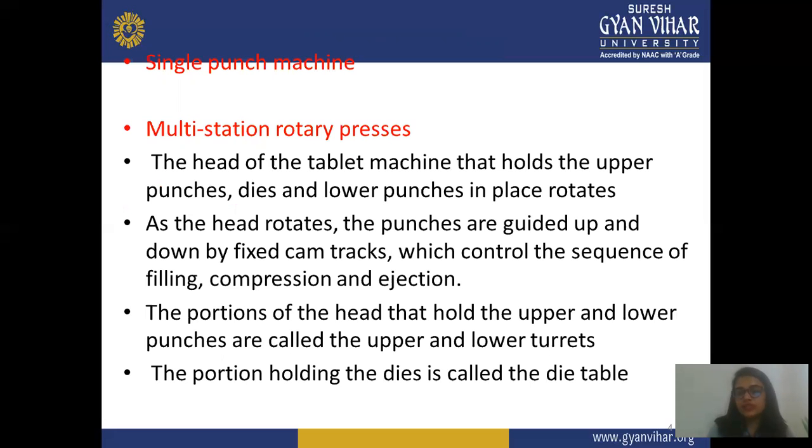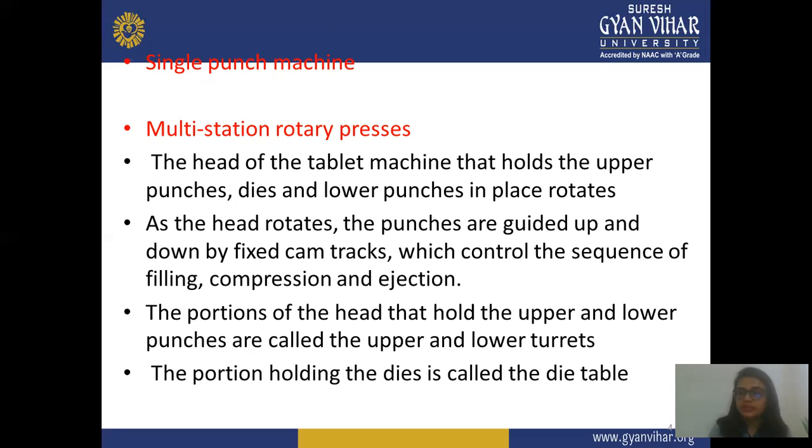And these single punch machines are very difficult to handle, and the production rate is also very low, because at a single time only one tablet gets punched, and it may require too much time to formulate a large amount or fulfill the market requirement. And the applied force for the single punch machine is also required too much, and it is difficult to formulate large quantities continuously or in a single day.